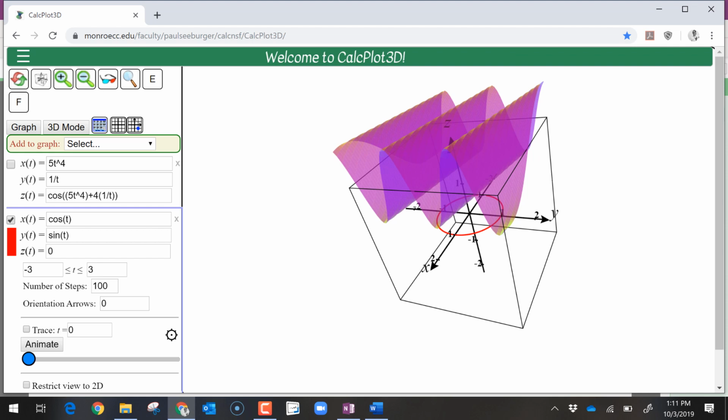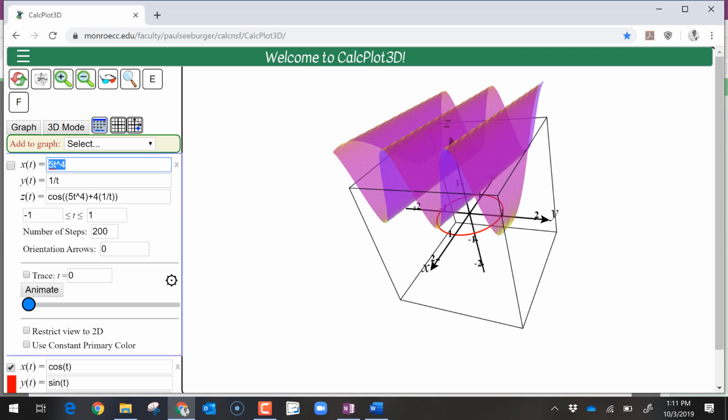So if we take our function, our x and y, change that. And remember that this is the function cosine of x plus 4y inside of the parentheses.